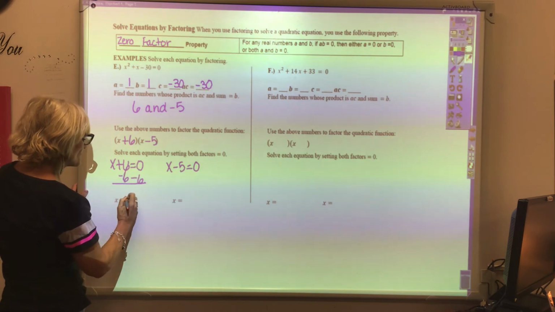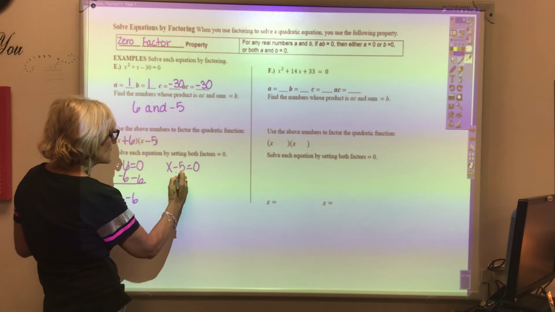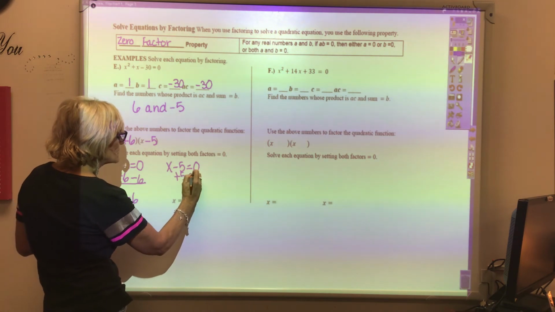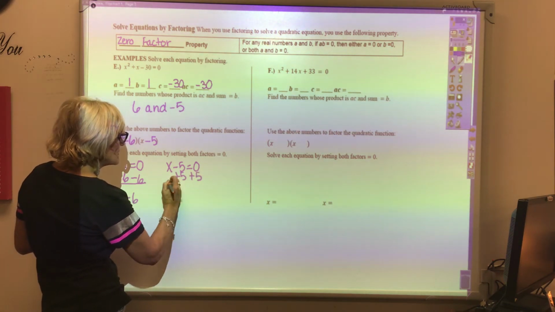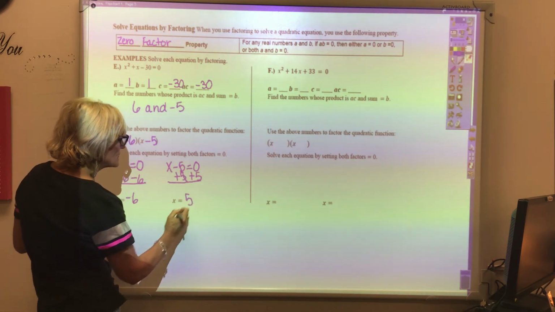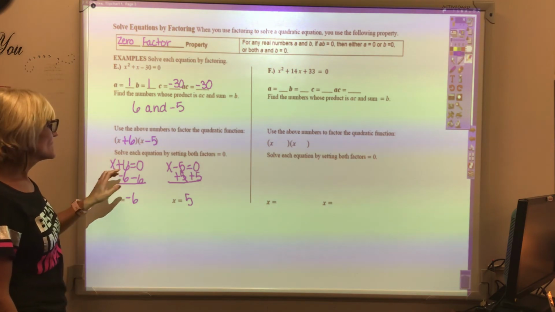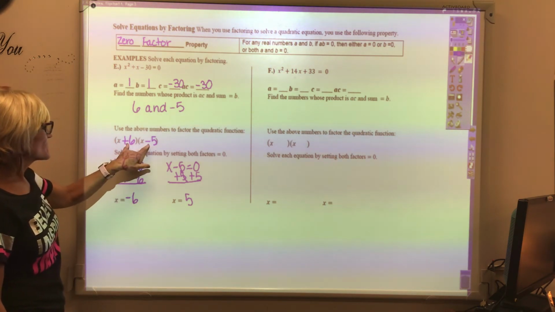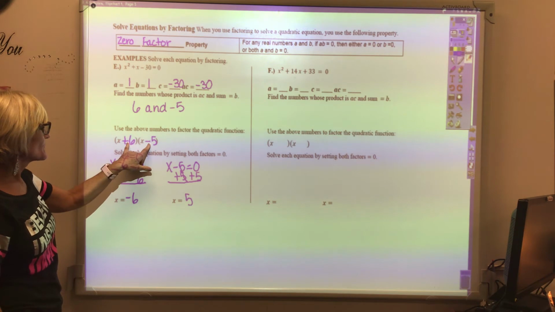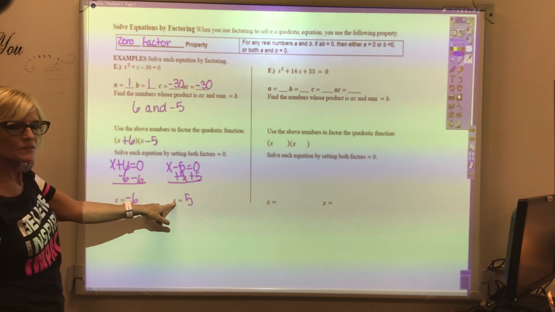So x will equal negative 6. And on the second one, we will add 5 to both sides. So x is equal to 5. You might want to notice too, if you just take the opposite of what these signs are in the parentheses, you find your solutions.